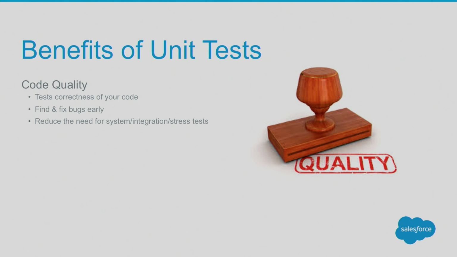It's the point where the developer gets to thoroughly test the code to make sure it meets requirements, that there aren't bugs, and that it handles all the exception conditions correctly before that code gets pushed out to teammates and bosses and project managers and users and everybody like that. So it's a great way to build quality into your product right up front, to find those bugs really fast and fix them really cheaply. And it also reduces the need for those later levels of quality assurance that are a lot more expensive.